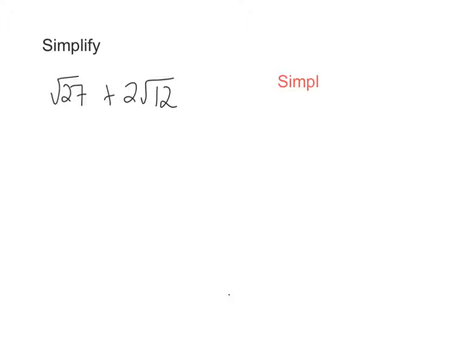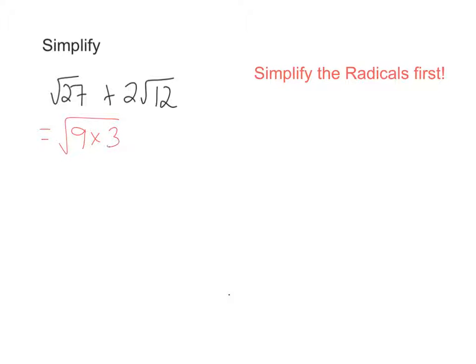And to simplify root 27, you find the largest perfect square factor, 9. So this is actually 9 times 3.